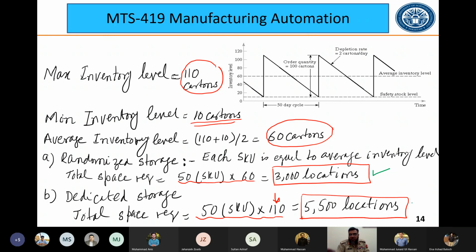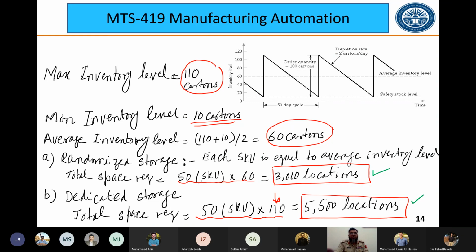So it means that for a dedicated storage, I would always require more amount or more space or more number of compartments for a dedicated storage strategy, and for the randomized storage strategy the space required would be less. So ये आपको एक dedicated और randomized storage की एक calculation भी आपके सामने यहाँ पे आ गई.